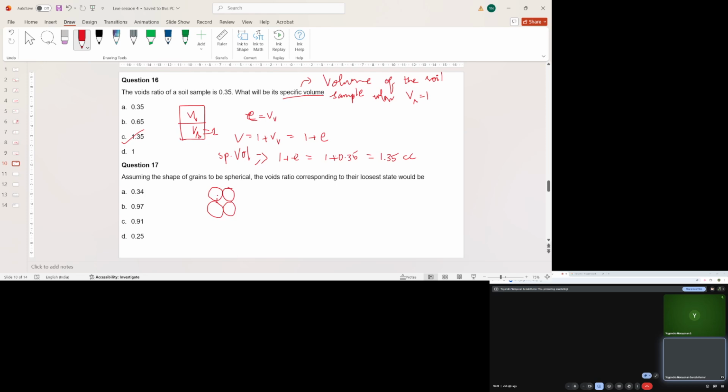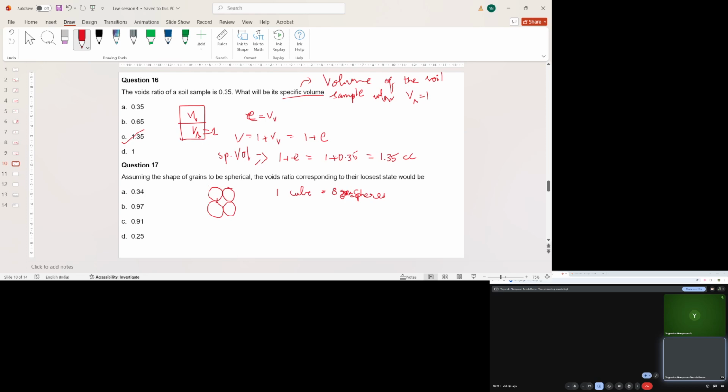If you have another 4 on the back side, you will get an entire cuboidal arrangement. So let us consider a unit cube, which consists of 8 grains or 8 spheres.